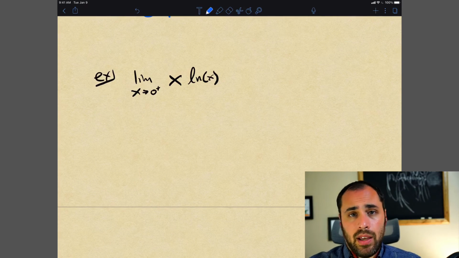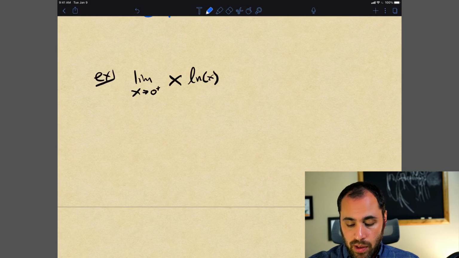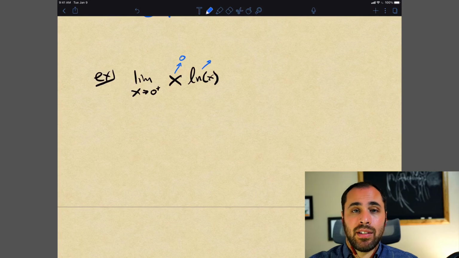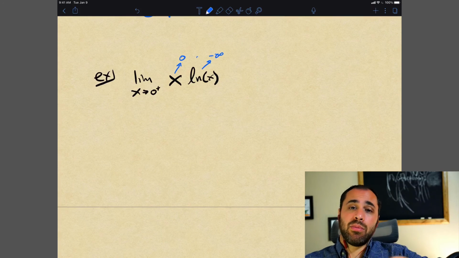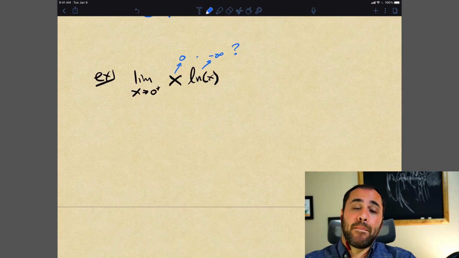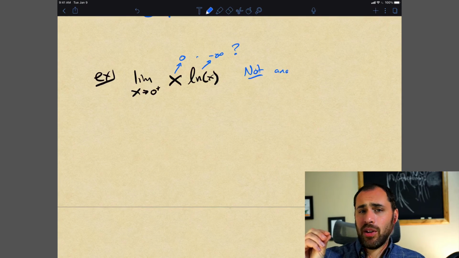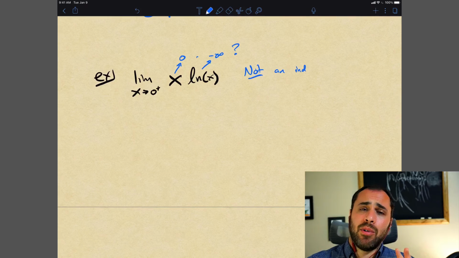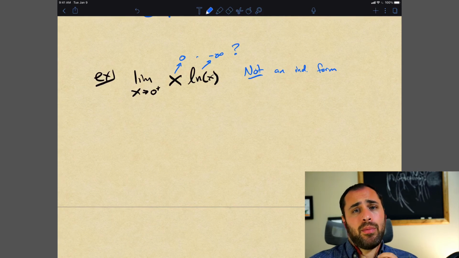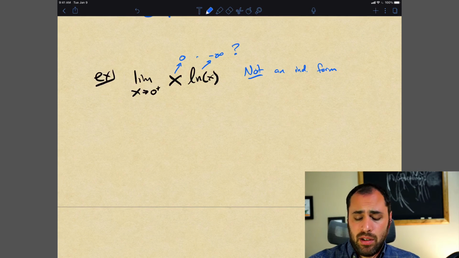As x goes to 0, the value of x approaches 0. The value of natural log of x, if you look at the graph, actually approaches minus infinity. So we've got something very small times something very large, negative but very large, and we've got these competing forces.